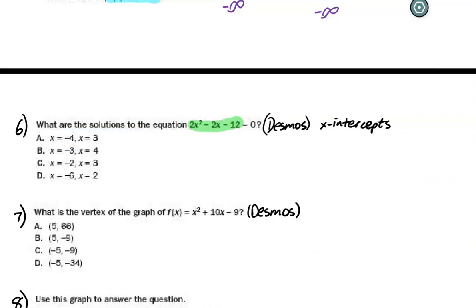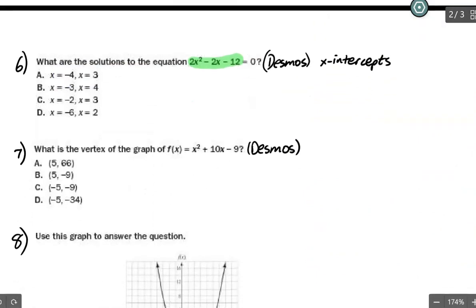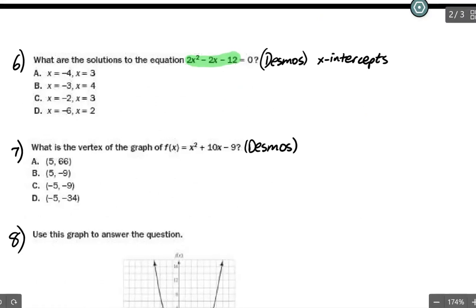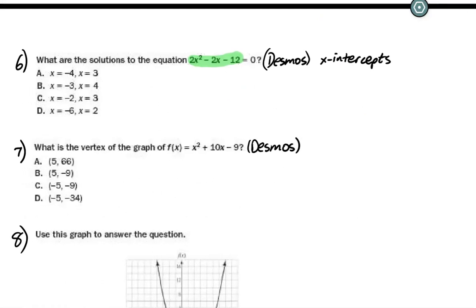All right, number 7. What is the vertex of the graph f of x equals x squared plus 10x minus 9? We're going to go to Desmos again. If you want to do it by hand, finding your vertex takes a few steps. First, find the axis of symmetry, negative b over 2a. A here is 1, because there's a 1 in front. B is 10, C is negative 9.